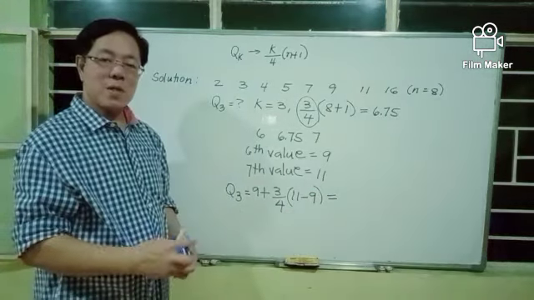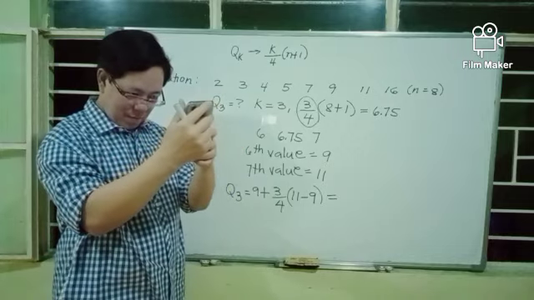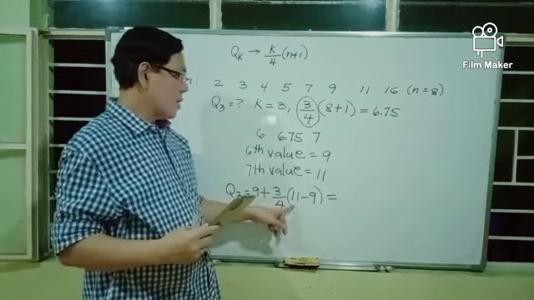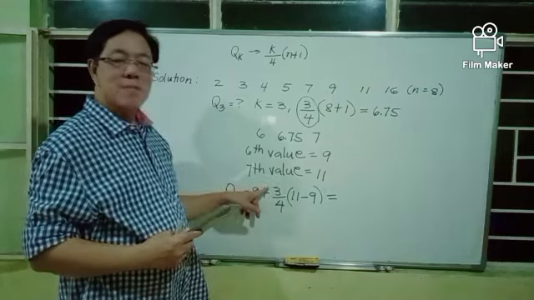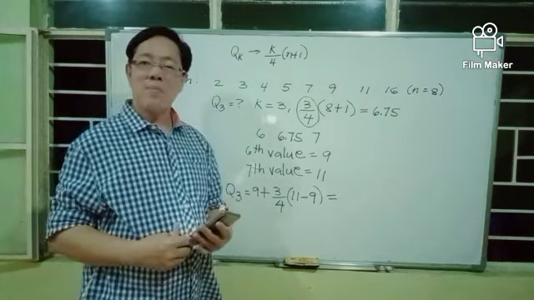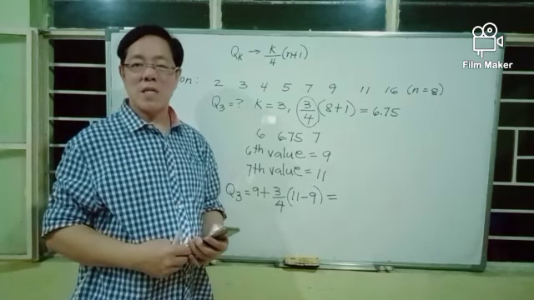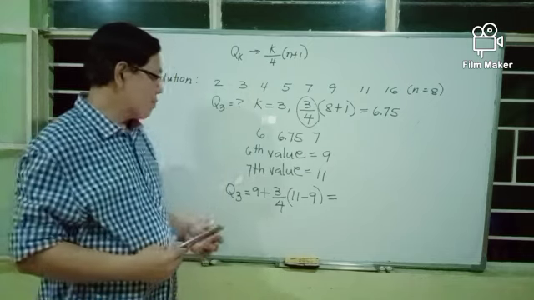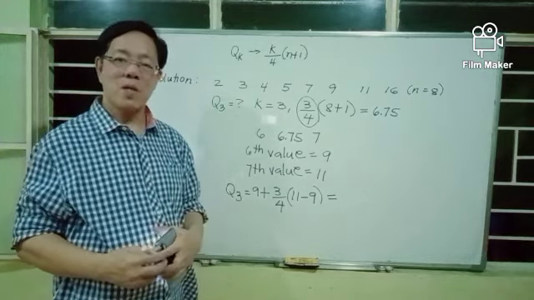And we compute this using our calculator. We have 11 minus 9 is 2, and multiply by 3, that's 6, and 6 divided by 4, 6 over 4 to the lowest terms is 3 over 2, and 3 divided by 2 is 1.5, plus 9 is 10.5.